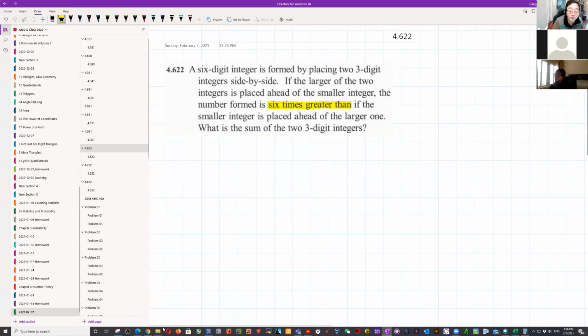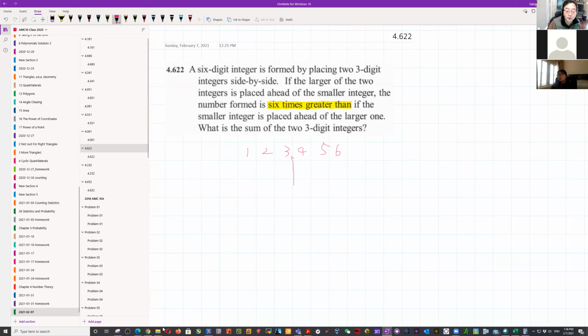It's a 6-digit number, let me label it 1, 2, 3, 4, 5, 6, with a separation in the middle, formed by two 3-digit numbers side by side.